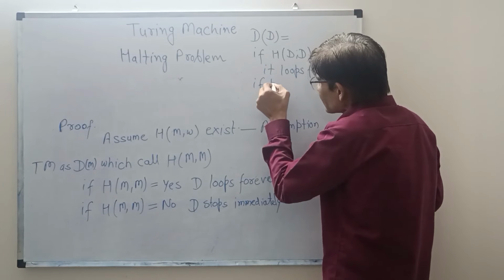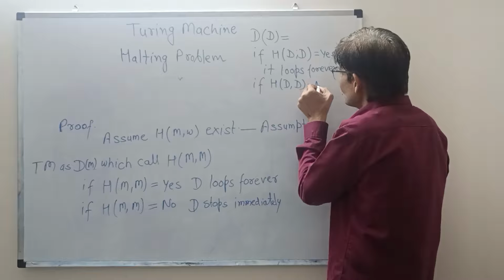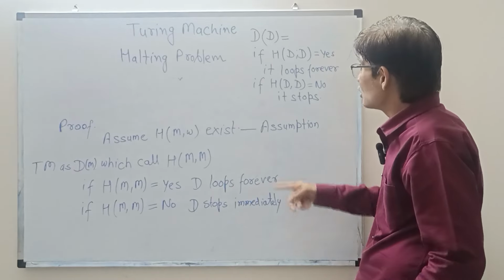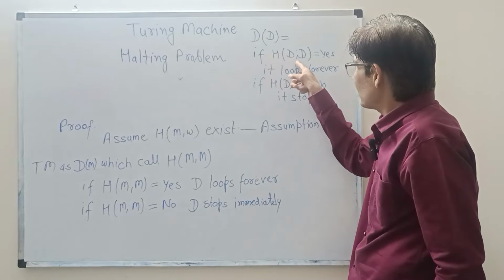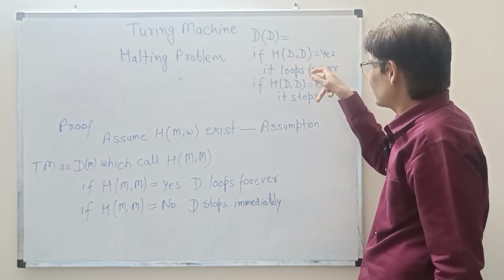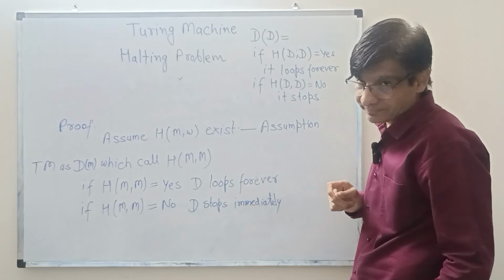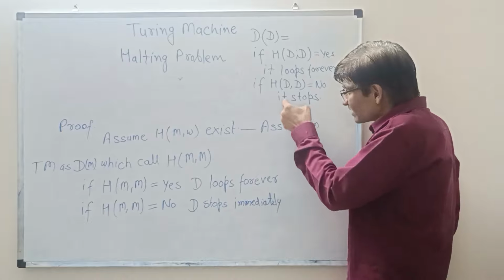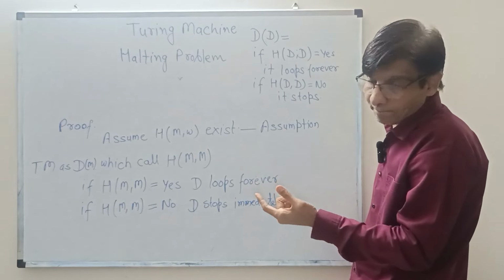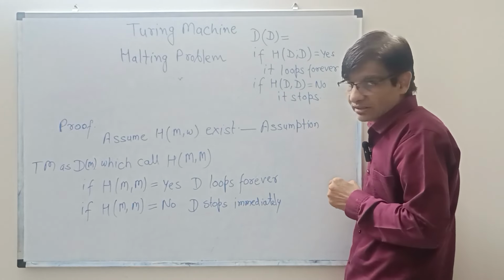And if H(D, D) is equal to no, then it stops. That means on yes, it must halt, but it loops forever. On no, it must run forever, but it stops.